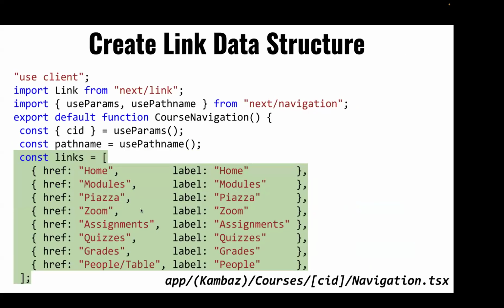Then we start to apply some generalizations. Notice here that the label and href are almost identical, except for people, which is slightly different. The label is people, but we're actually navigating to a people table. If we didn't have that special case, perhaps we could have just used the label to generate everything. Or perhaps you can have an exception where if you get to people, then it's something different; otherwise, use the same thing.